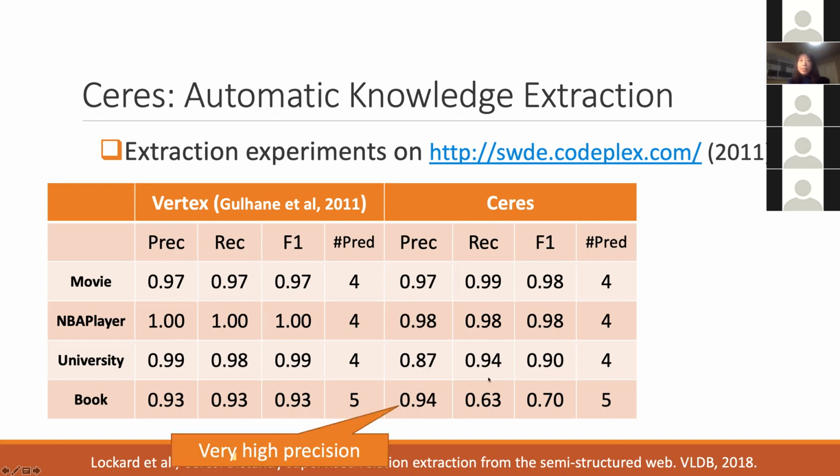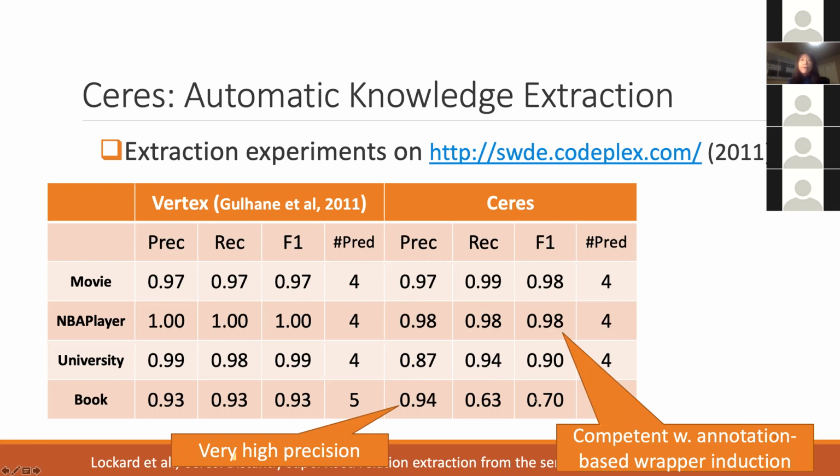And in addition, if we compare the F measure we get for our method and the F measure from wrapper induction based on annotations, we get quite comparable F measure, except on books, because on books we have very, very little seed data in our knowledge graph. So we are not able to generate too many training labels.